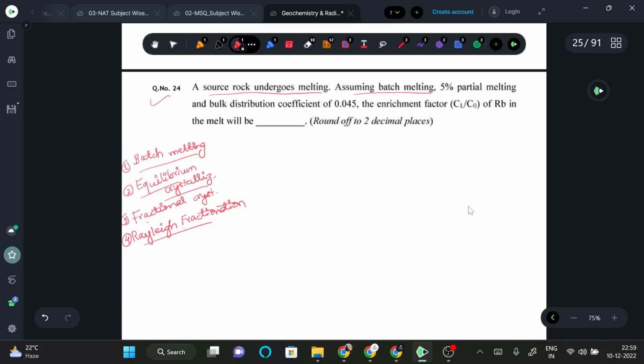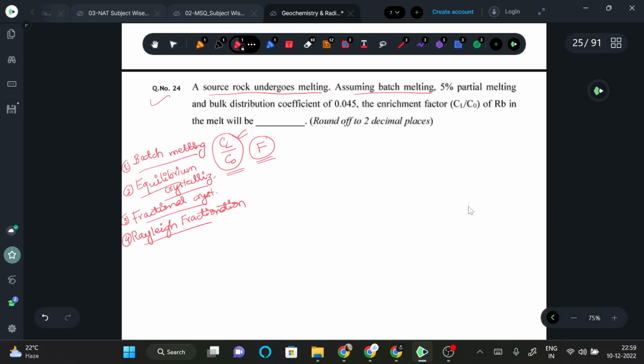This is your work for today. Just write the Cl by C naught formula for each of these and what will be the F value for each of these, how F is differing, and how the Cl by C naught formula is differing for each case.